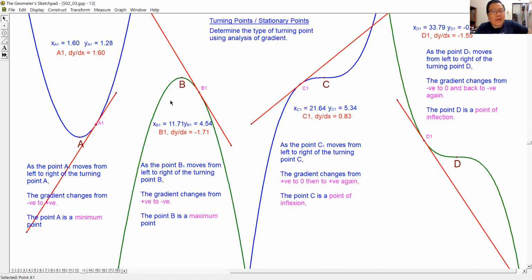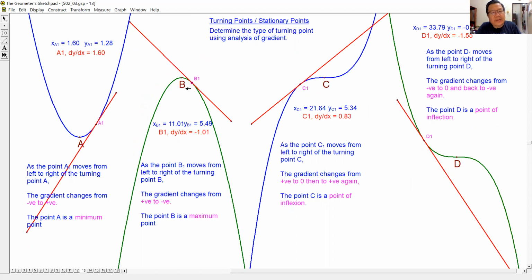Okay, then we look at the second type of turning point. There is this B. As the point approaches B, the gradient is positive. Then as you go further from the left to the center, it becomes 0.